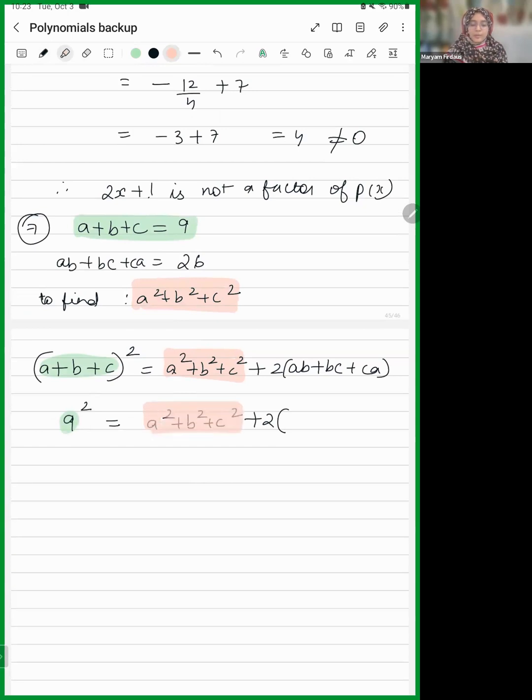Now tell me one thing. Is the value of ab plus bc plus ca given to you? What is the value of ab plus bc plus ca given in the question? It's given in the question. Abdul Jabbar, you can also type the answer if you're not able to unmute.